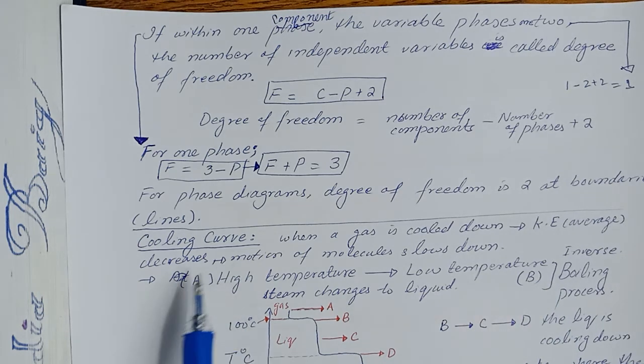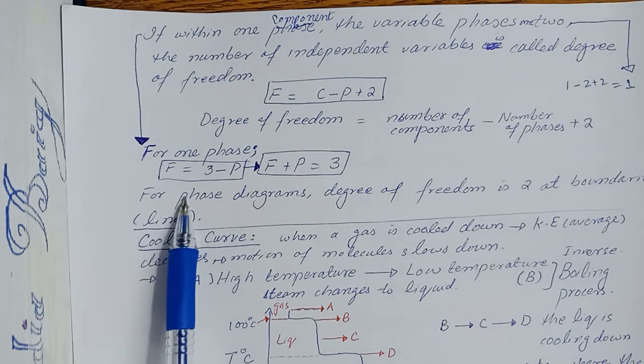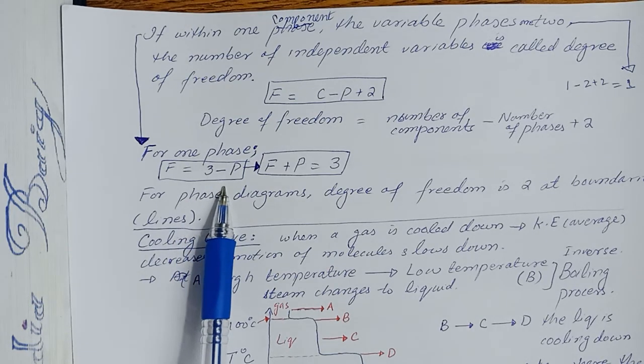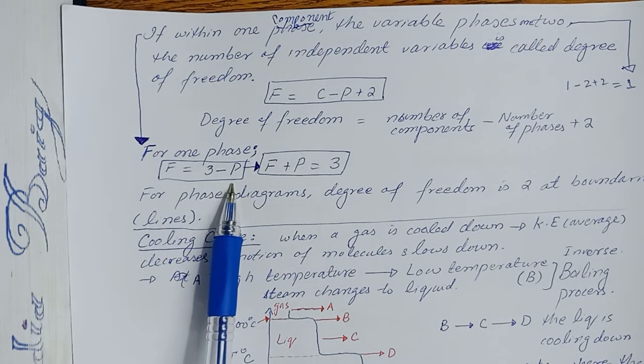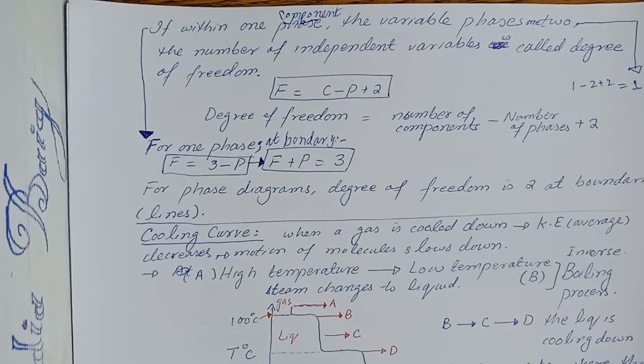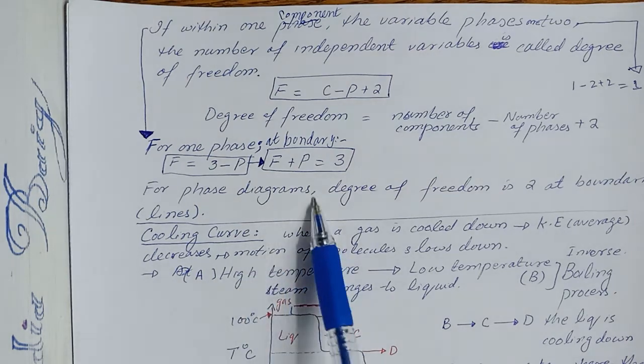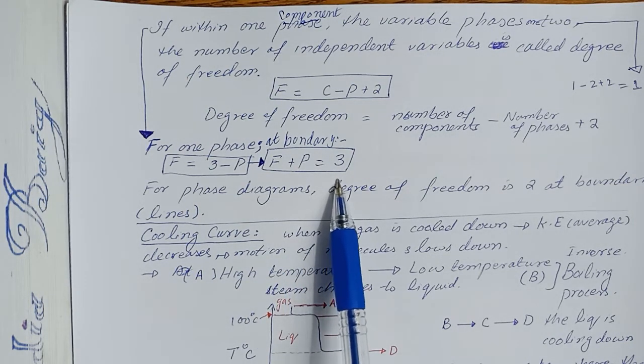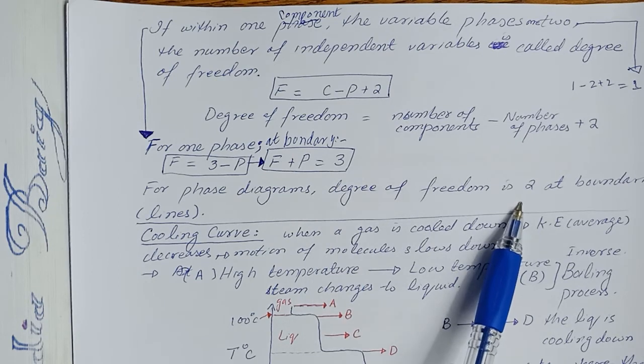Whereas for the case of the system having one phase, at the boundary lines the degree of freedom is equal to 2.